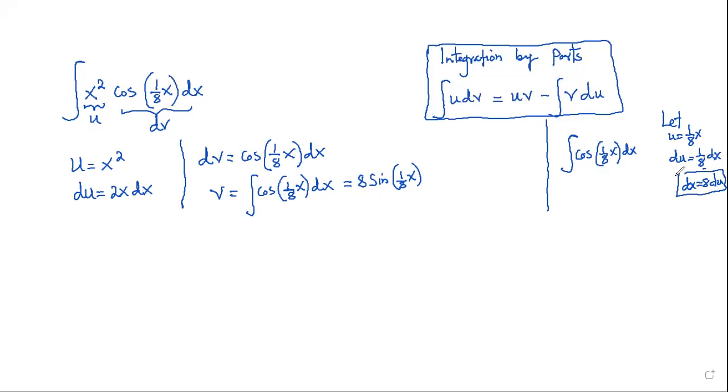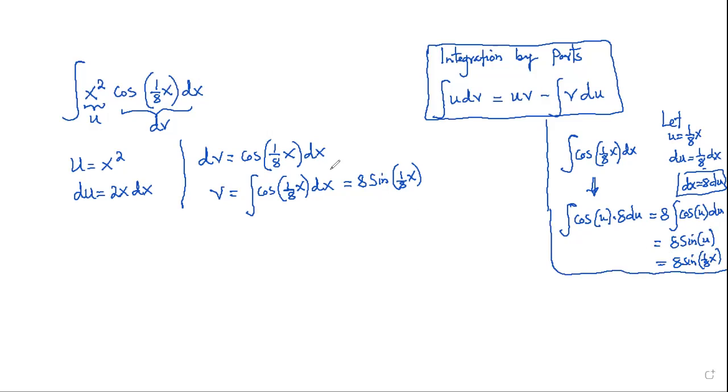When you replace, you end up with the integral of cosine u, and then dx is 8 du. That gives you 8 times the integral of cosine u with respect to u, and that is 8 sine u. Your u is 1/8 x. So that's how you do that one.